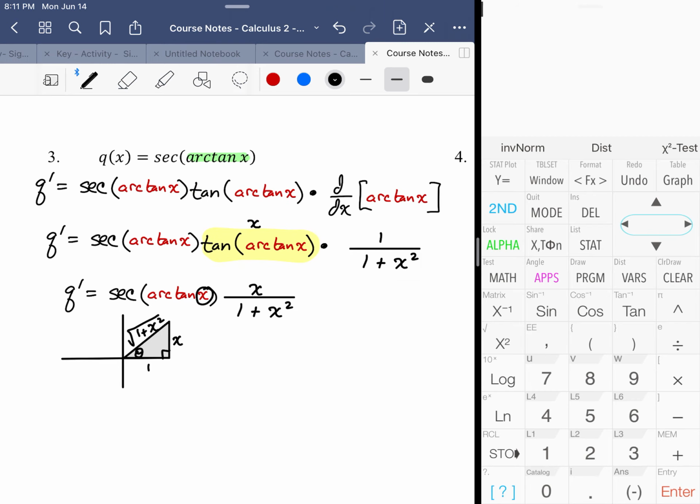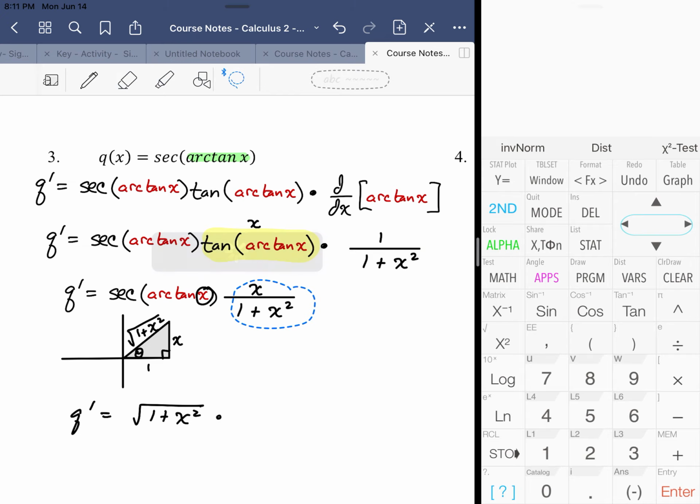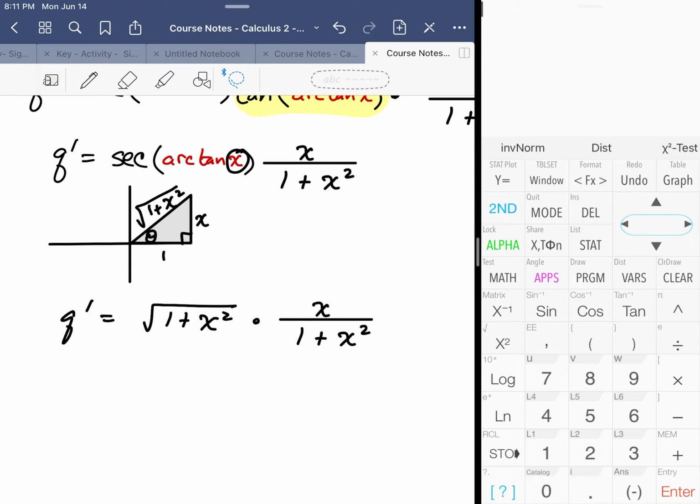So the secant ratio, hypotenuse over adjacent, is going to be the square root of 1 plus x squared. So that's multiplied by this whole thing. So it actually will clean up a little bit more. All right. So that square root of 1 plus x squared could also be thought of as 1 plus x squared to the 1/2 power.